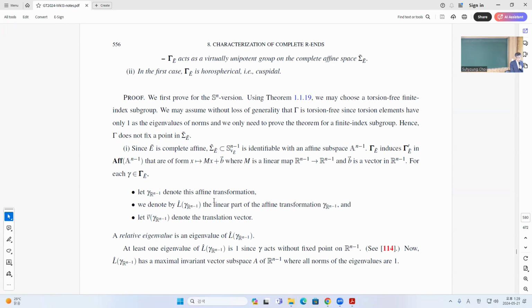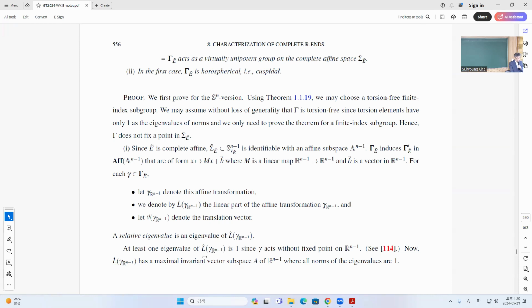L is the linear part of the affine transformation, and b is the translation vector. The relative eigenvalue is the eigenvalue of this, which may not be the same as the eigenvalue of gamma itself.